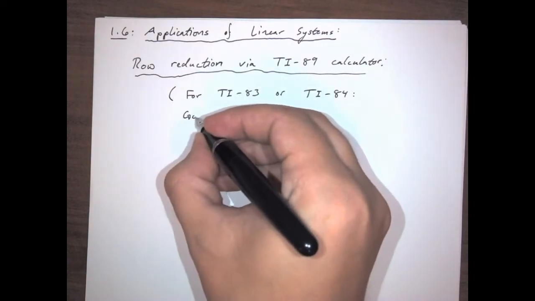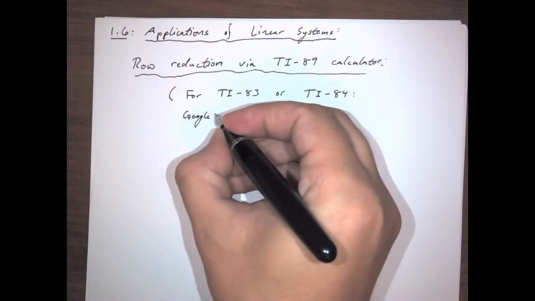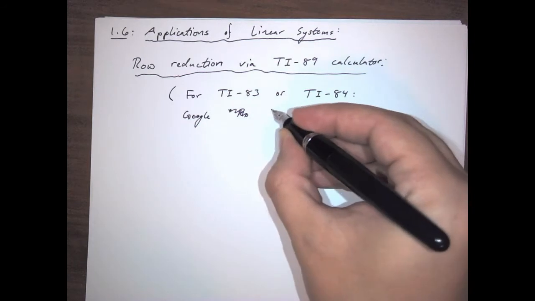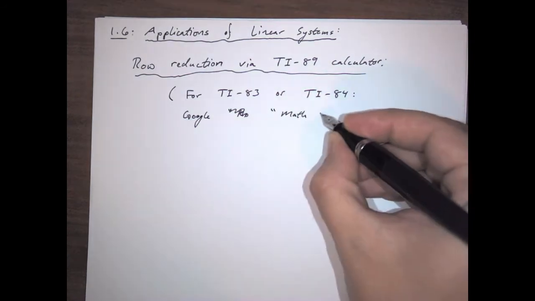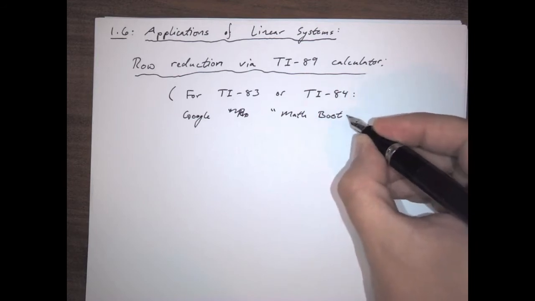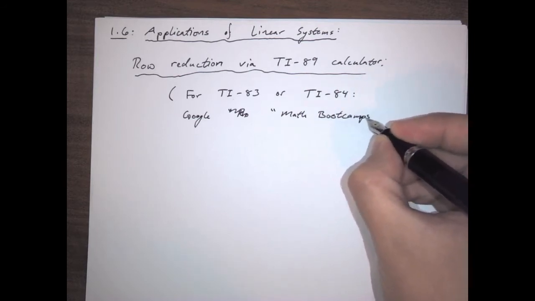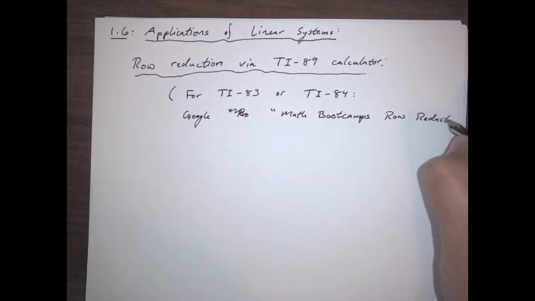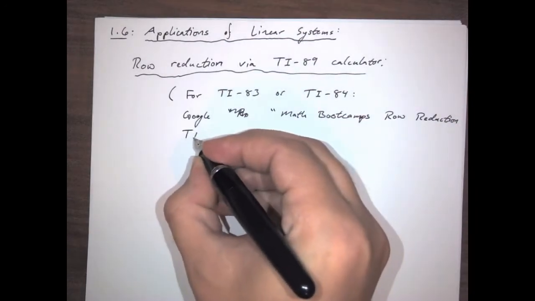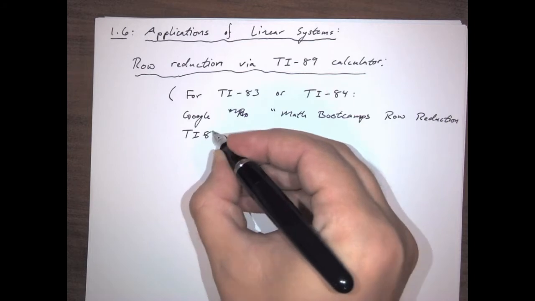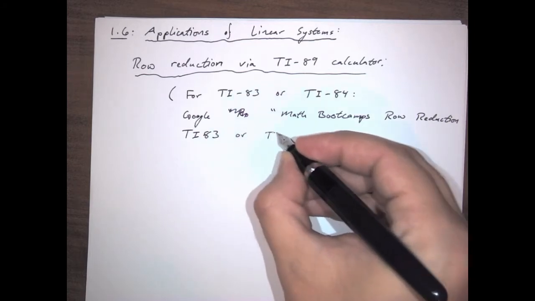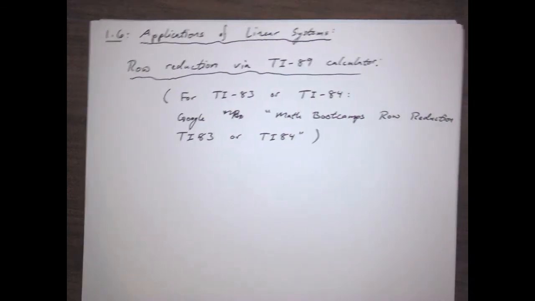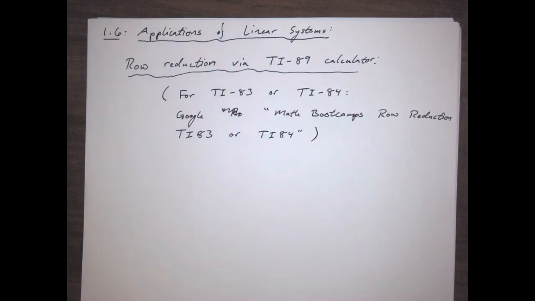So Google Math Boot Camps, row reduction TI-83 or TI-84. You probably don't need to put in all of that, but that should be more than enough to get you to the page.